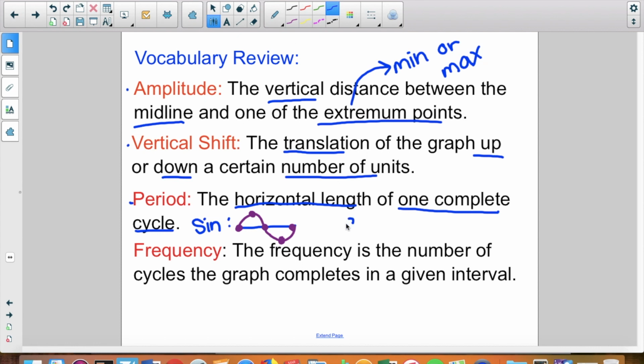On the other hand, cosine, let's say that is our midline. Cosine starts above, then it goes to the midline, then below, then midline, then above. So it goes like that. And lastly, the frequency. The frequency is the number of cycles the graph completes in a given interval.